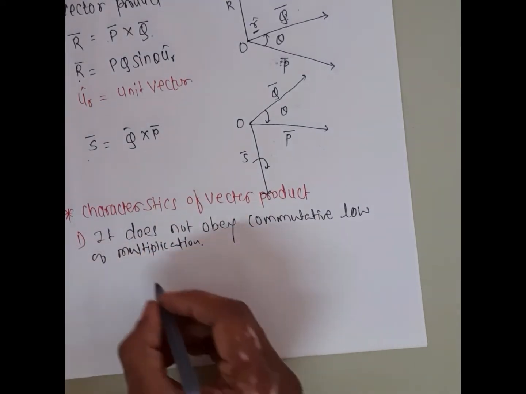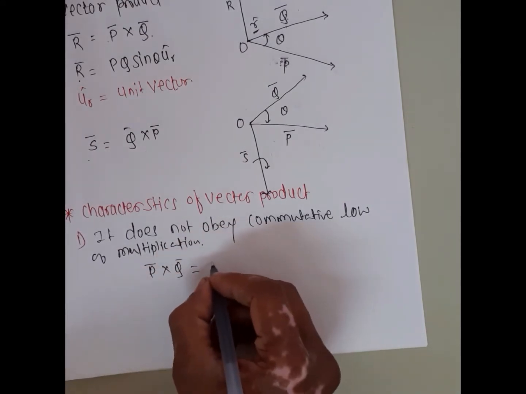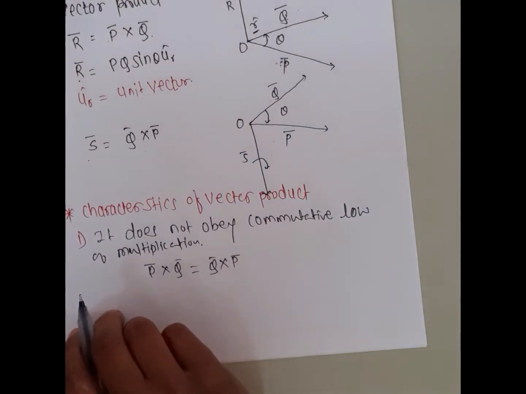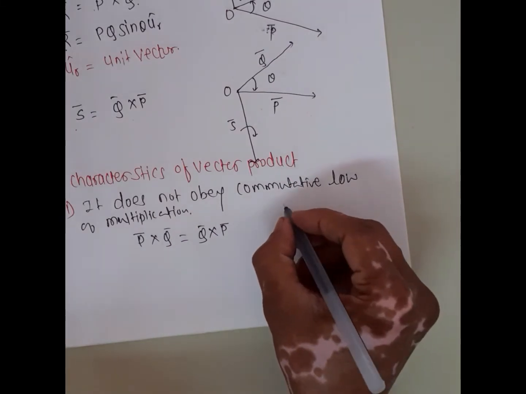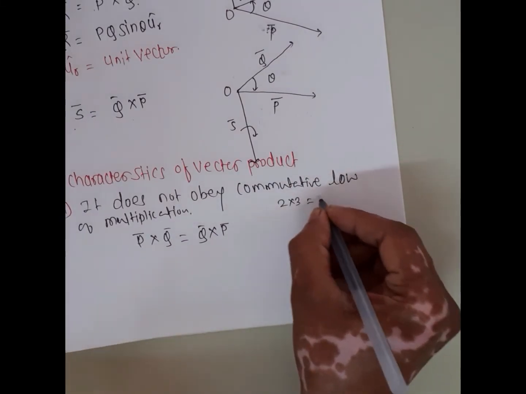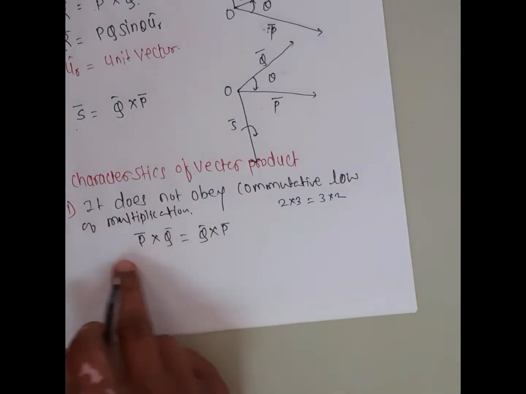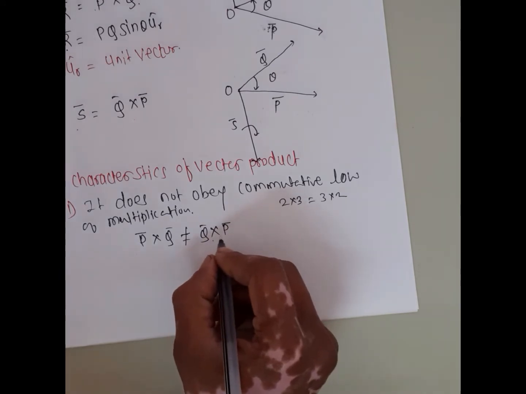It means p bar cross q bar is not equal to q bar cross p bar. The commutative law of multiplication means 2 into 3 is equal to 3 into 2. But for the vector product, this is not obeyed.